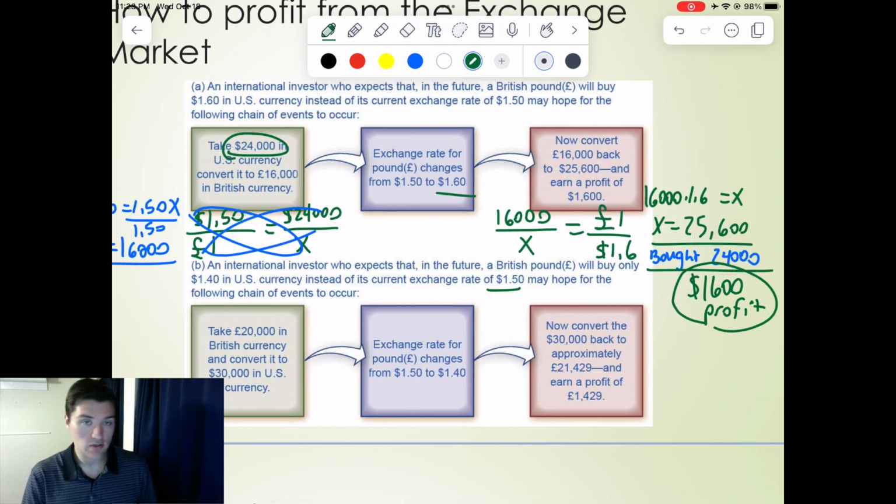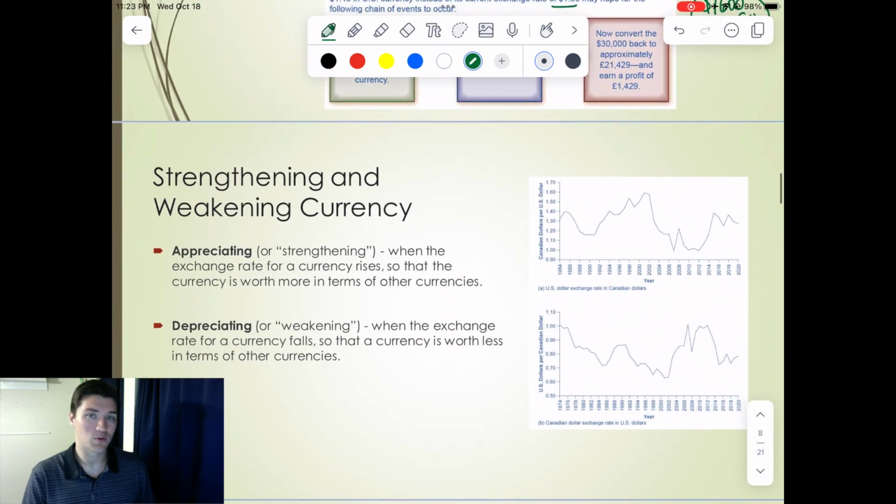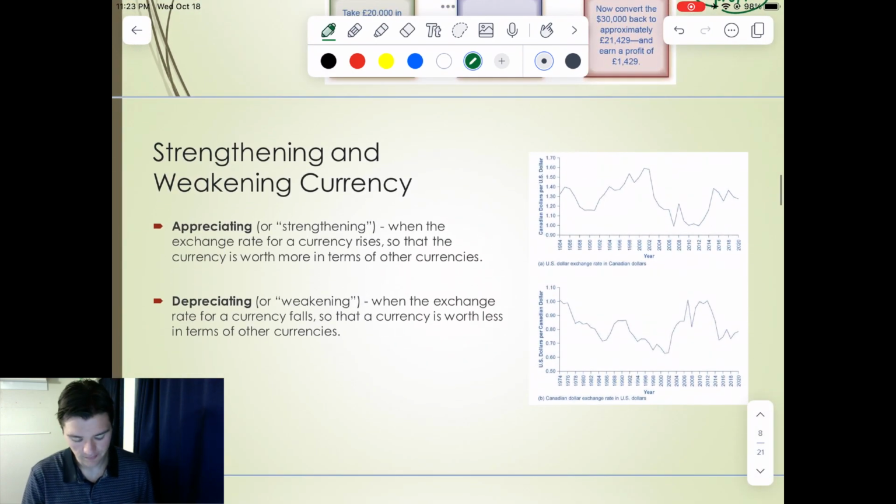So this change in the exchange rate is what we're going to call strengthening or weakening the currency. Basically, it's either appreciating or depreciating. When the exchange rate for a currency rises, so basically from $1.50 to $1.60, then this currency is worth more in terms of another currency.